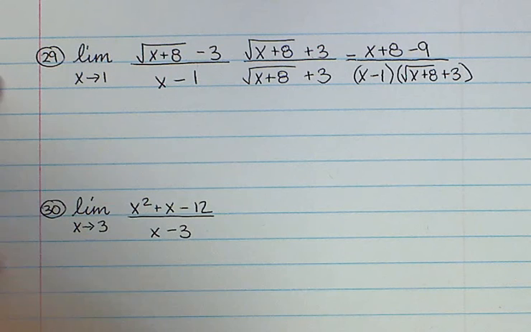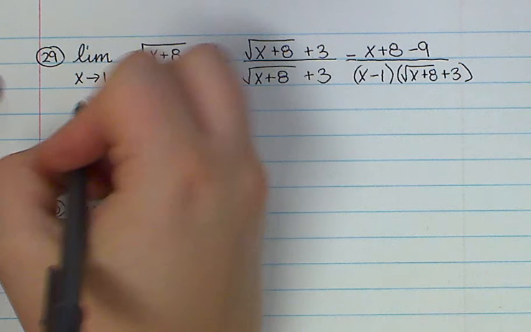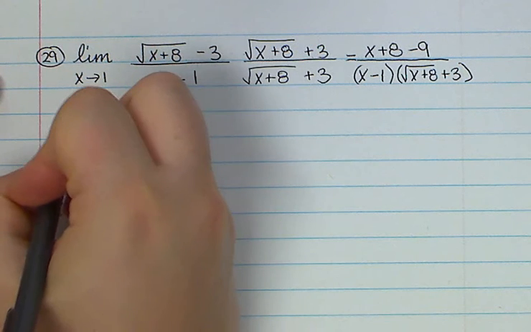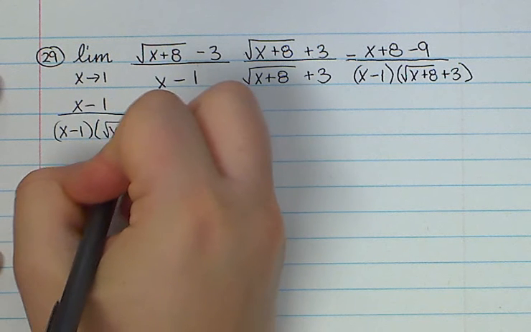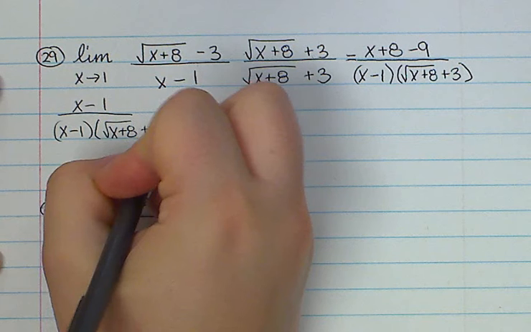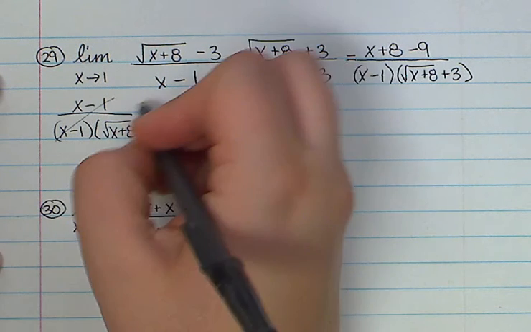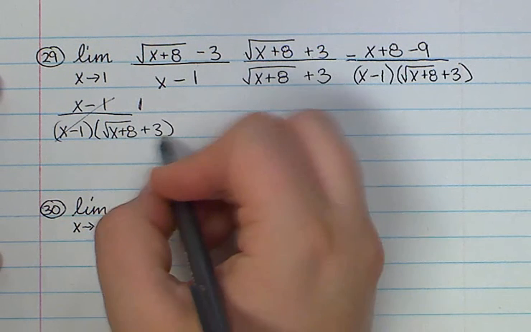Now in the numerator, I'm going to have x minus 1 to match up with that x minus 1 in the denominator. So I'll be able to cancel. I leave a 1 in the numerator to remind myself that this belongs in the denominator.